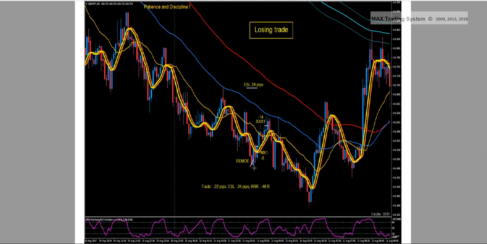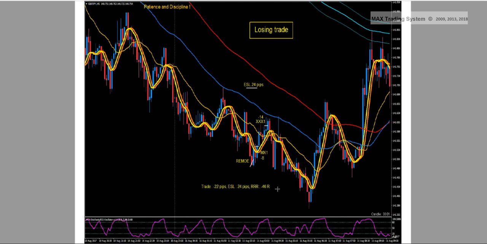We open a trade, in this case a short trade, and immediately after the price reverses and goes against the trade, and we have a first exit and then a second exit on this point, creating a losing trade with a loss of 22 pips, for example, and the realized reward to risk ratio, which was negative, was not minus 46R, but there was a typo, minus 0.46R, so a little less than half R.